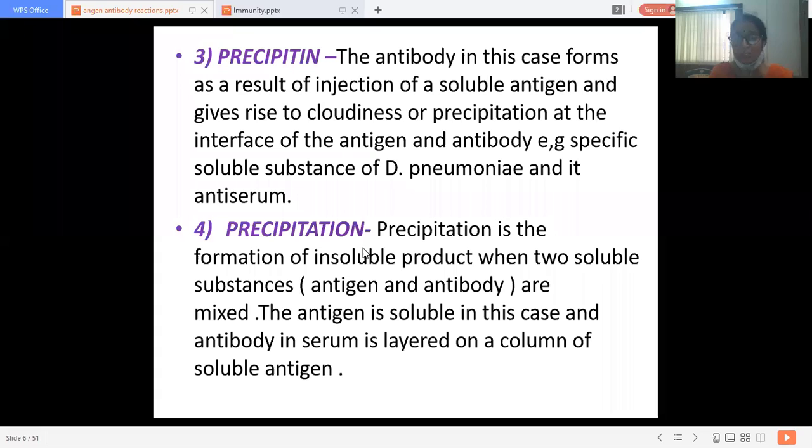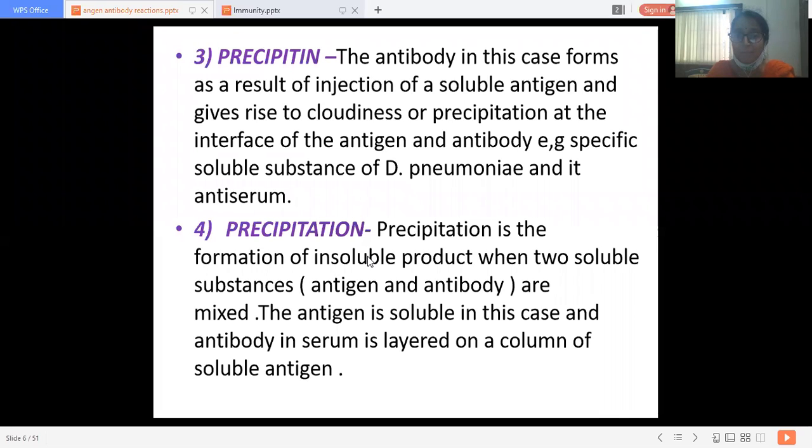Next is the precipitation reaction. Precipitation is the formation of insoluble product when two soluble substances, that is antigen and antibody, unite. In this case both antigen and antibody are soluble. The antibody in the serum is layered on the column of soluble antigen. Precipitin is different and precipitation is different.